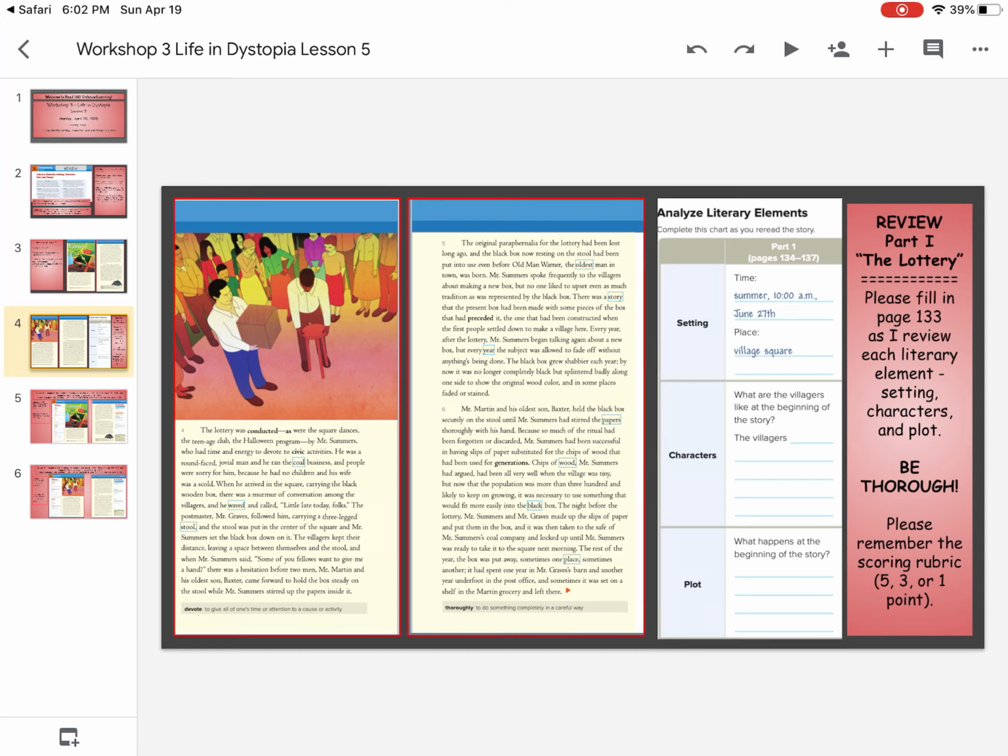Now, we know that in the setting, it's taking place in the summer. It's 10 o'clock in the morning, and it's June 27th. The place is the village square. If you think of a village square, that would be a large area where people in the community can gather. Sometimes in Thief River, you think about maybe the park over by Taco John's.